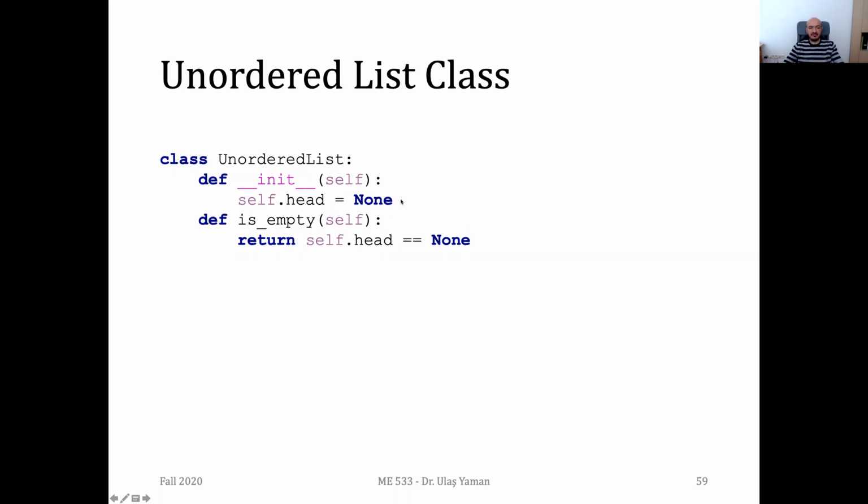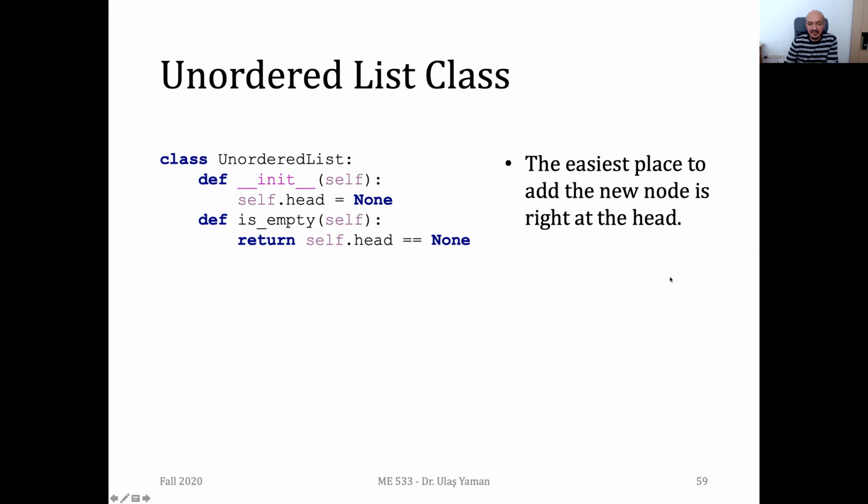This is simply none here, and we can check whether this list data structure is empty or not by checking the head value. If the head is directing somewhere, then that means yes, we have some values, it's not empty. But if the head value is an empty one, we can say that there are no values in the list data structure.